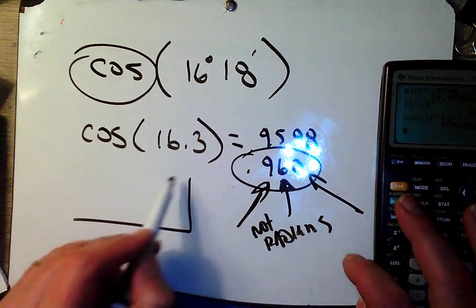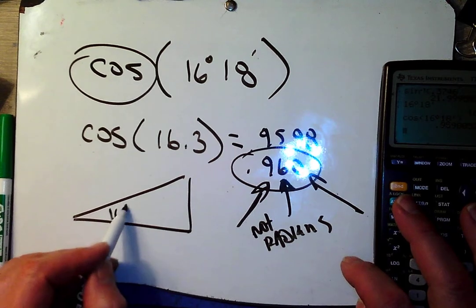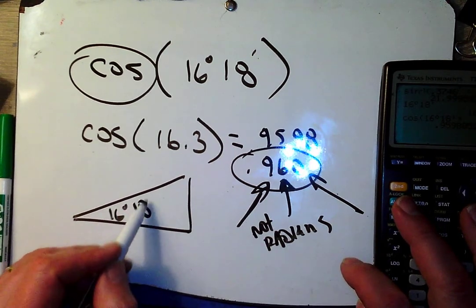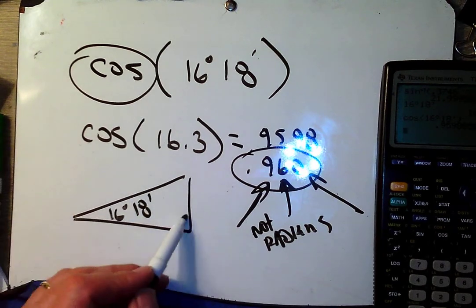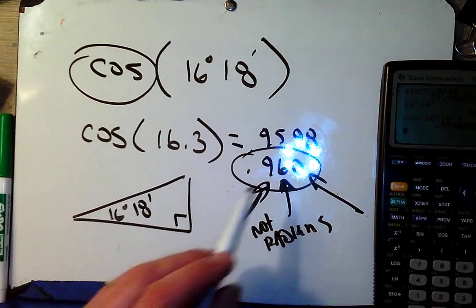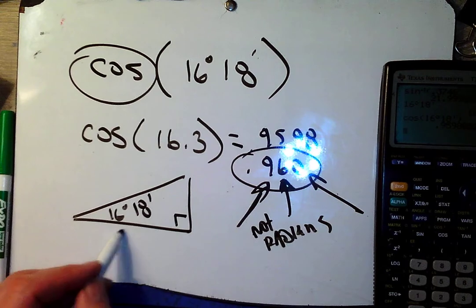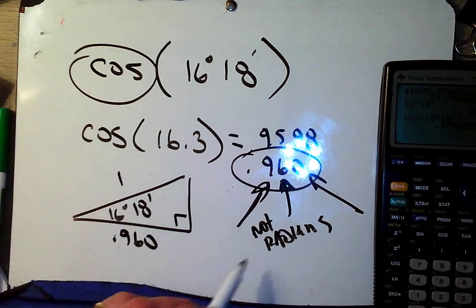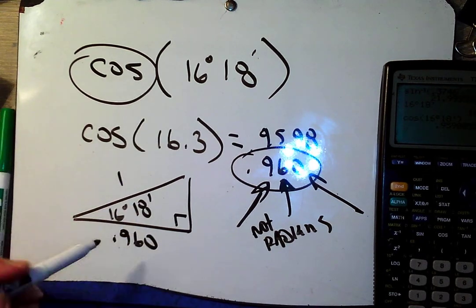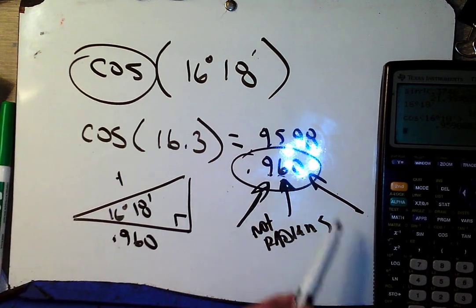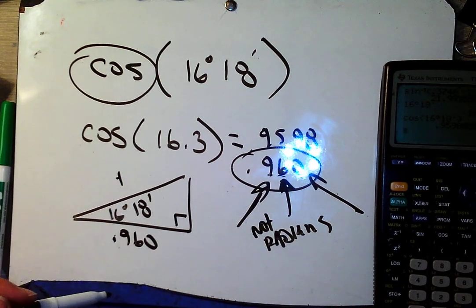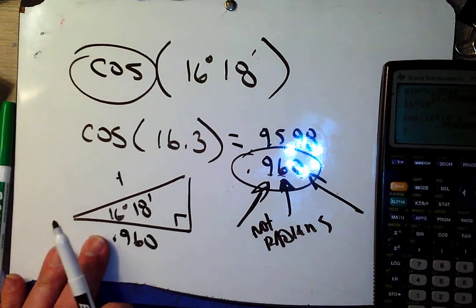So I'm looking at this right triangle. They tell me that this is 16 degrees and 18 minutes. And what I know is that this is 0.960, if this is 1. Yeah, cosine is adjacent over hypotenuse, and look, we got 0.960. There it is. So this is the situation I'm talking about.